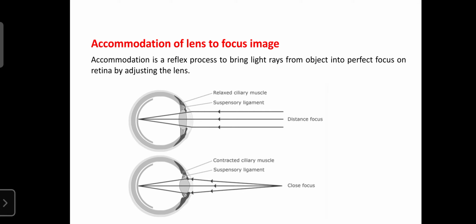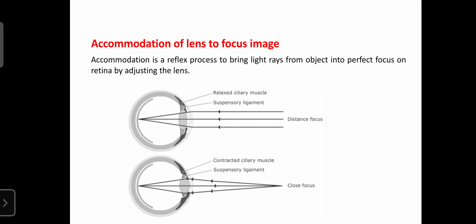So next is the accommodation of the lens to focus the image. Accommodation is a reflex process in which the light rays from the object are focused on the retina by adjusting the lens.